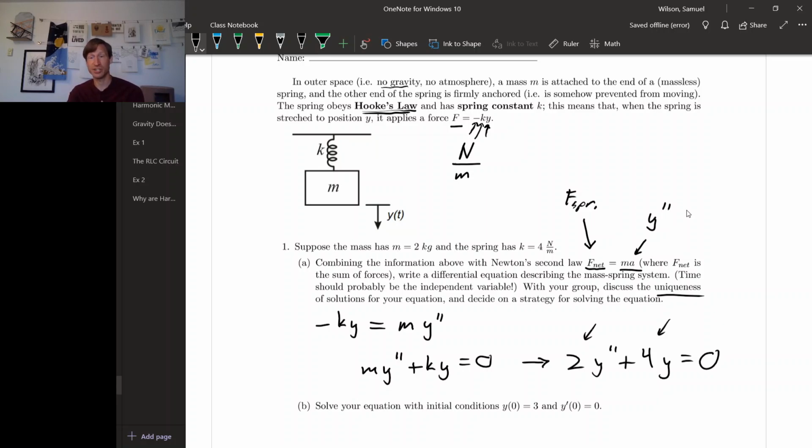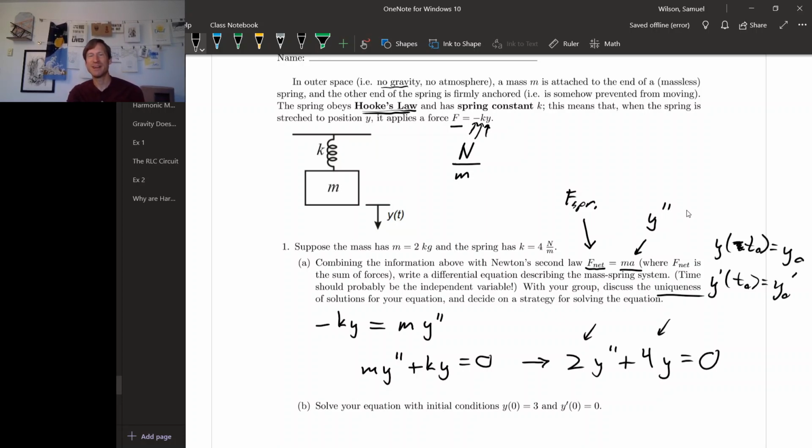every initial condition. That kind of makes intuitive physical sense because an initial condition is just an experimental setup, right? An initial condition would be an initial position for the mass and an initial velocity for the mass.